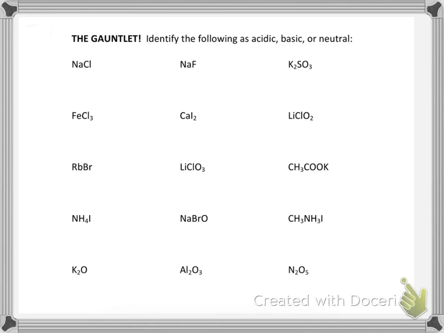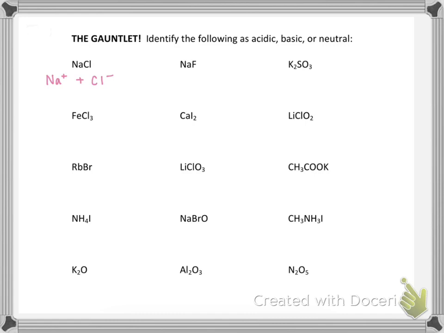Okay, so our first step when we want to figure out if a salt is acidic or basic is to think about what it's going to dissociate into in water. So for our first salt, NaCl, will dissociate into sodium ions and chloride ions. And so we have to think, what would these be the conjugates of? And sodium would be the conjugate of sodium hydroxide, strong base.